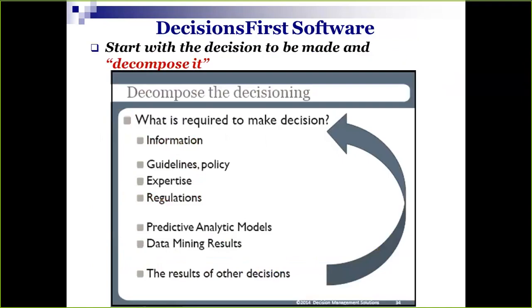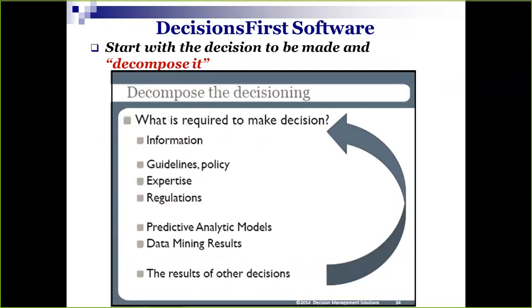So with DecisionsFirst software, you go through this process and you decompose it into little pieces, and then you pull the pieces together. Like I said, you're going to need information to help make decisions, aren't you? What kind of information? Well, we have guidelines in our companies and organizations. I have guidelines at UMUC. You have guidelines at your organization. We have policies.